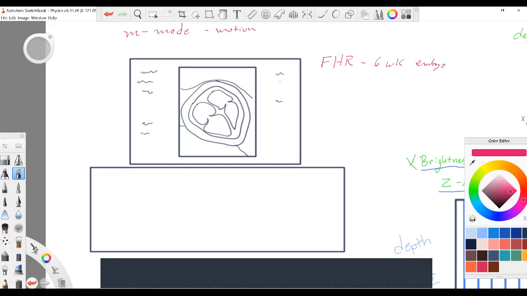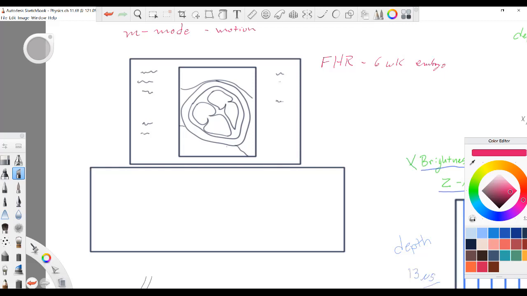And the reason being is that you don't generally want to use Doppler, certainly not spectral Doppler. That's the worst Doppler to use on a 6-week embryo. People do it. If you're not sitting there for a long period of time, you're probably not going to hurt it, but maybe you will. And so you always want to be careful.